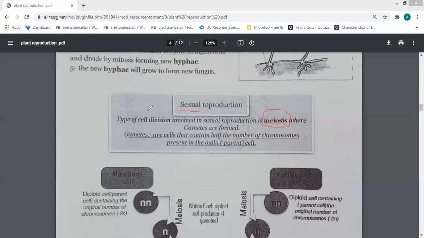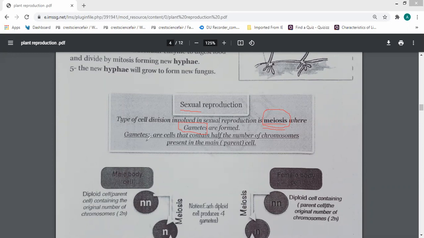So this type of sexual reproduction involves meiosis division for the formation of gametes. And we stated before, gametes mean the sex cell of male and sex cell of female, which is sperm in male and ovum in female in case of animals, and pollen grains in male and egg or ovum in female in case of plants.